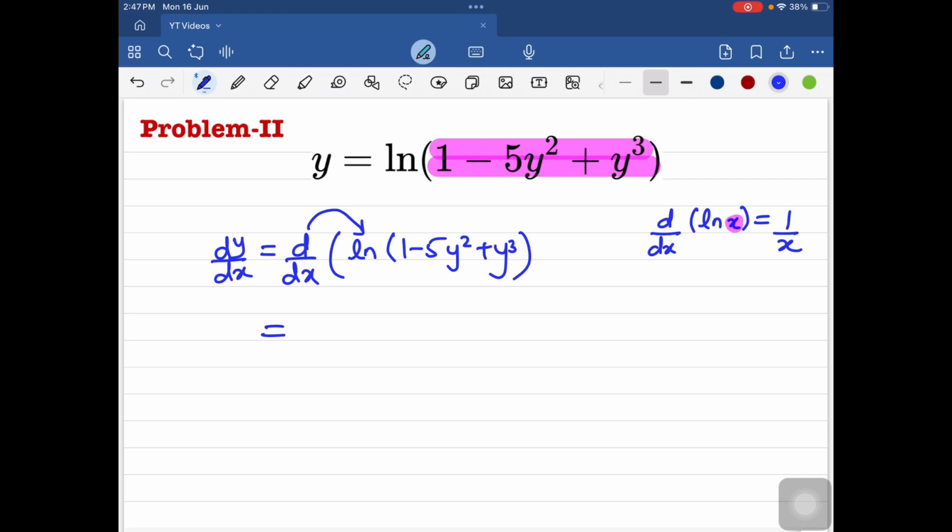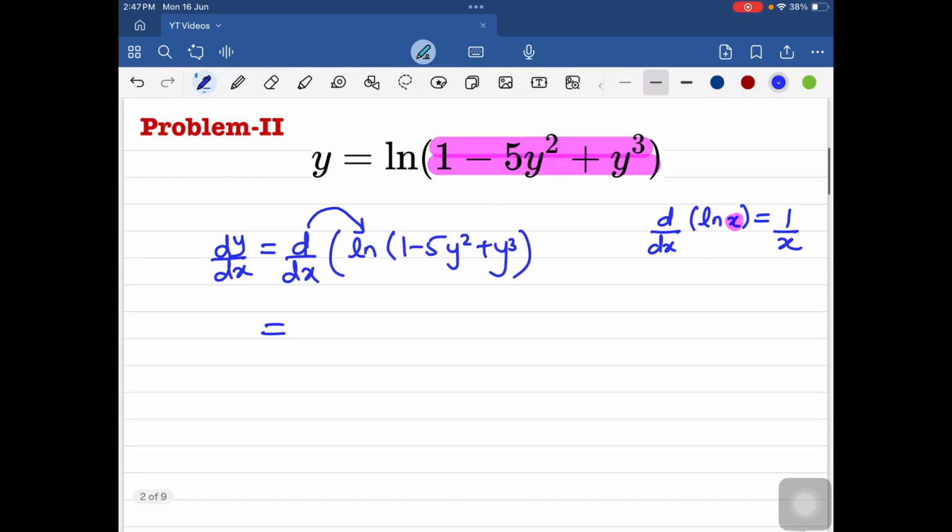So in place of x we have that bracket, and it will be 1 over (1 minus 5y squared plus y cubed). But the disturbing function here is in the bracket, which is different from x. So this is d/dx of (1 minus 5y squared plus y cubed).